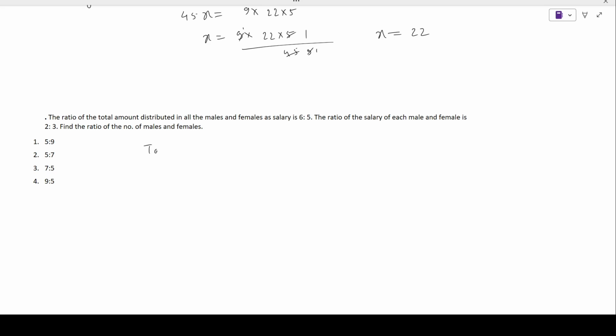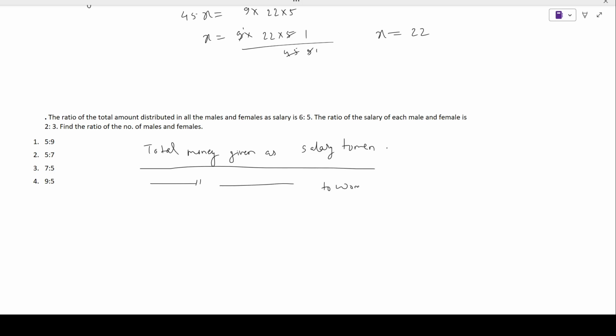That is, total money given as salary to men upon total money given as salary to women is given as 6:5.